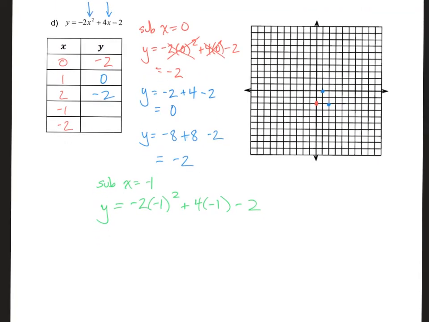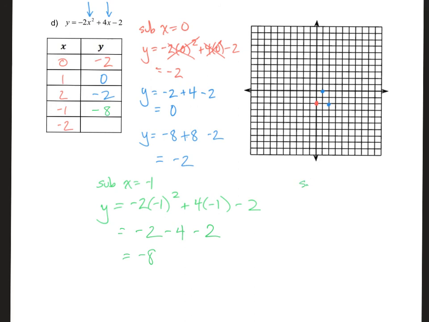And so, as we're working our way through to calculate that, you guys will notice that negative 1 squared is a positive 1. Positive 1 times negative 2, my first term simplifies to negative 2. Now I can calculate. Negative 2 minus 4 minus 2 is negative 8. And I have my value.